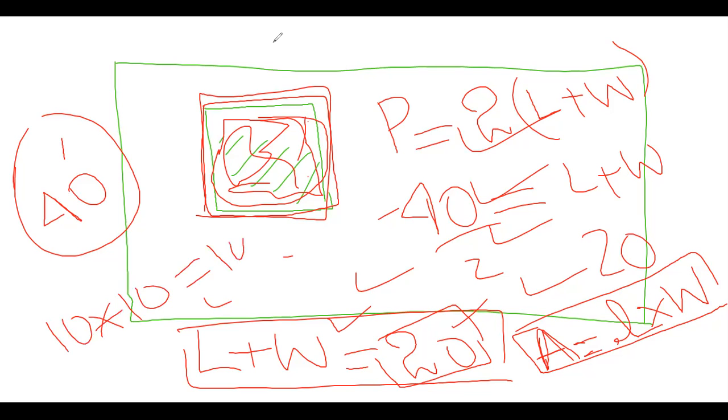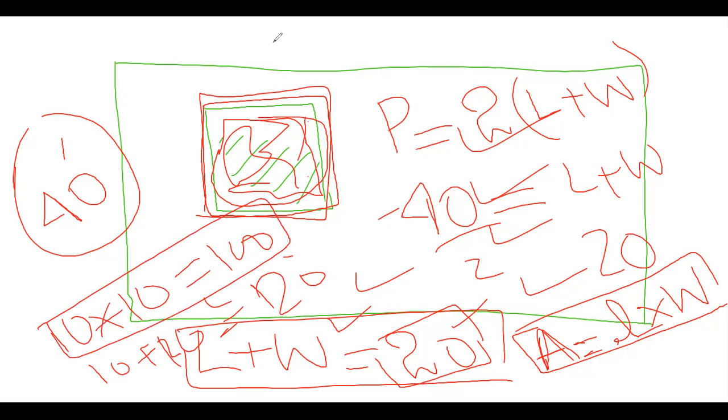Am I right? So this is the product, this is the sum. So that's why I got 10 into 10, the only components which make 20, 100. So this was my way.